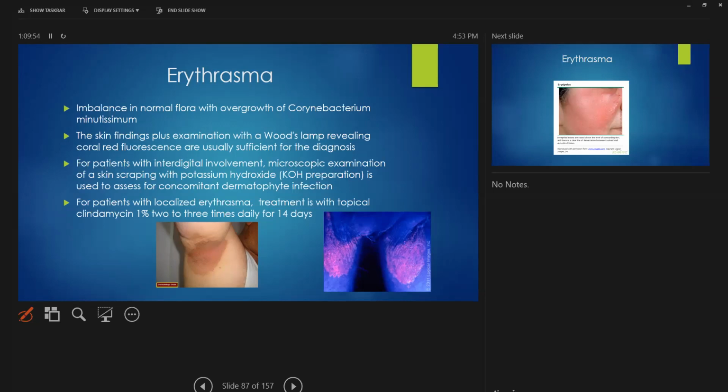A KOH preparation will help identify if this is a tinea or if it's just an overgrowth of corynebacterium. For patients with localized site, you can do topical treatment of clindamycin 1%, 2 to 3 times a day for 14 days.